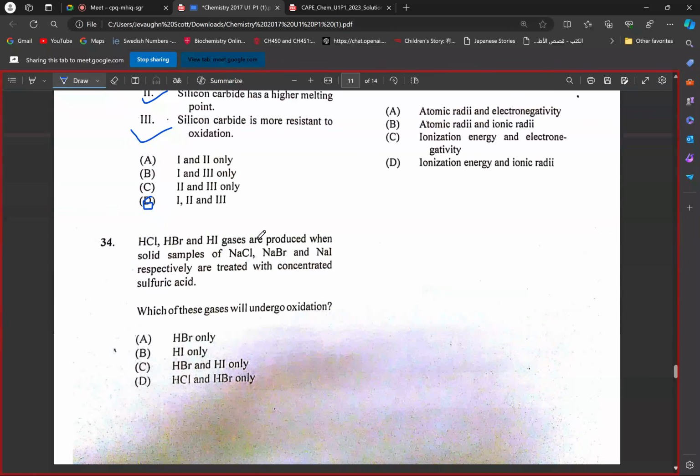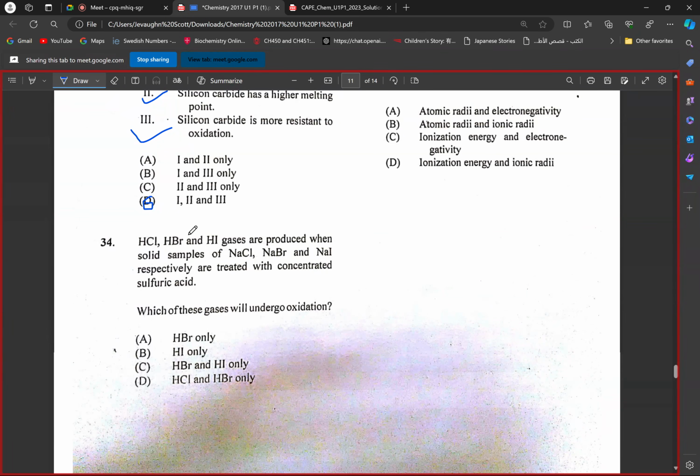Hydrogen chloride, hydrogen bromide, hydrogen iodide are gases produced when solid samples of sodium chloride, sodium bromide, and sodium iodide respectively are treated with concentrated sulfuric acid. So which of the following gases will undergo oxidation?